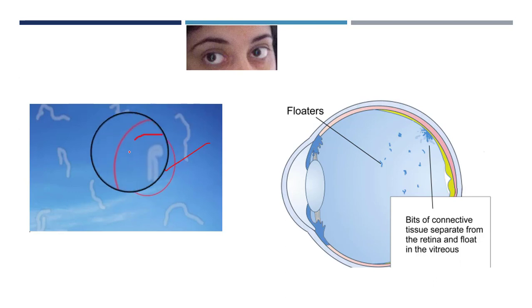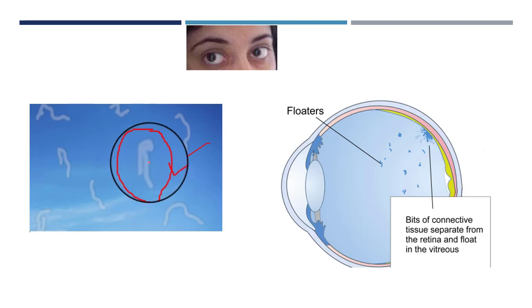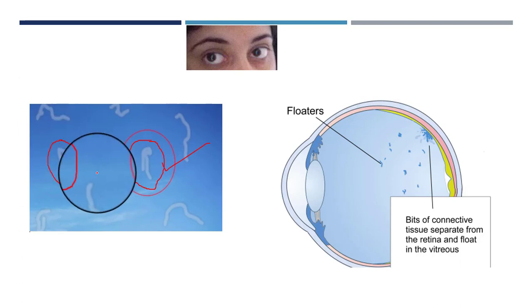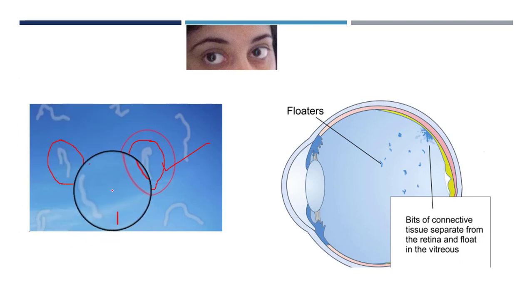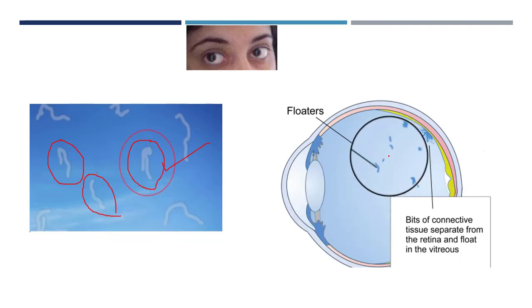Eye floaters are basically tiny specks or strings that float into your field of vision, and they appear as black or gray dots, lines, cobwebs or blobs.